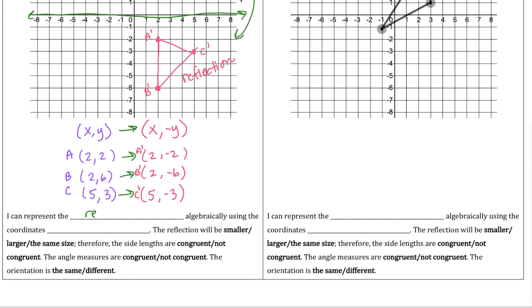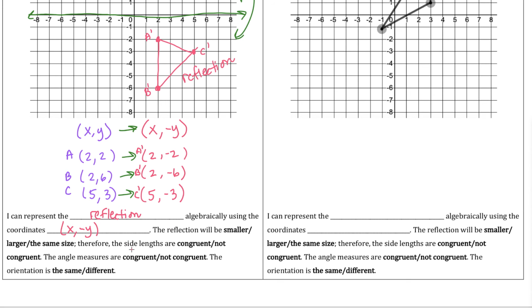Oops. And we'll just leave it like that. You know what? I'm a stickler for something like that sometimes. The reflection is the new one. So reflection, algebraically using the coordinates x, negative y.